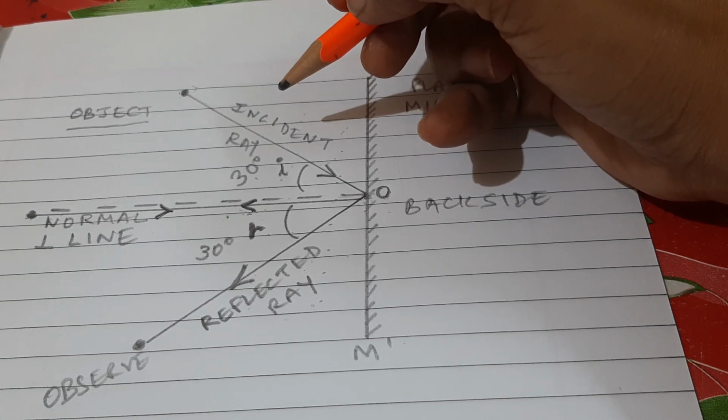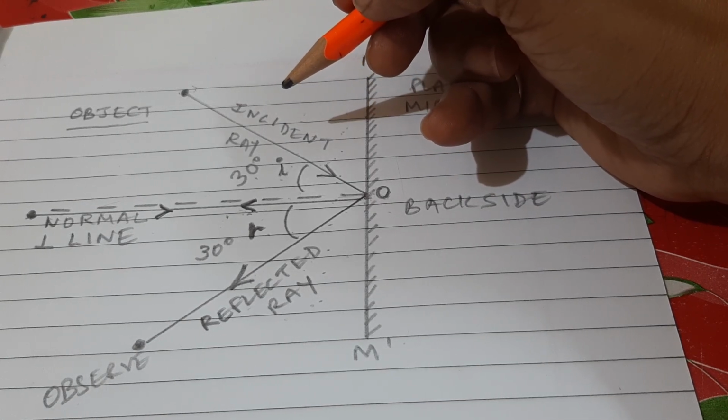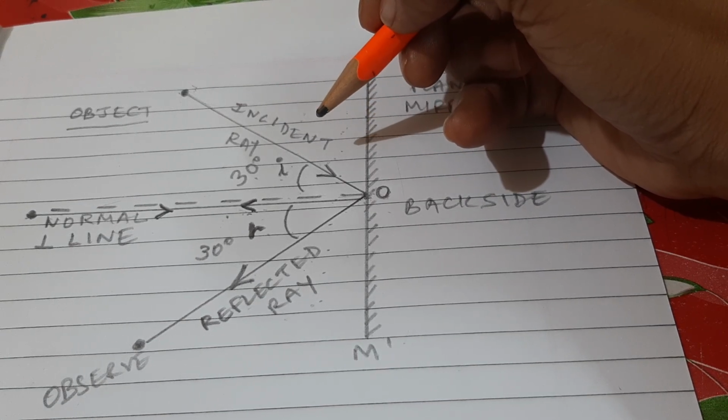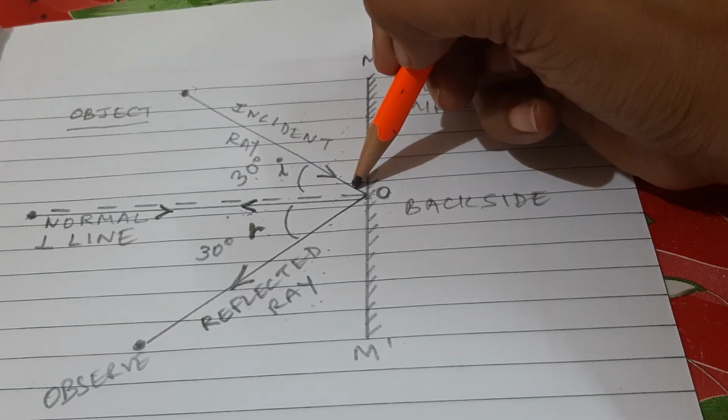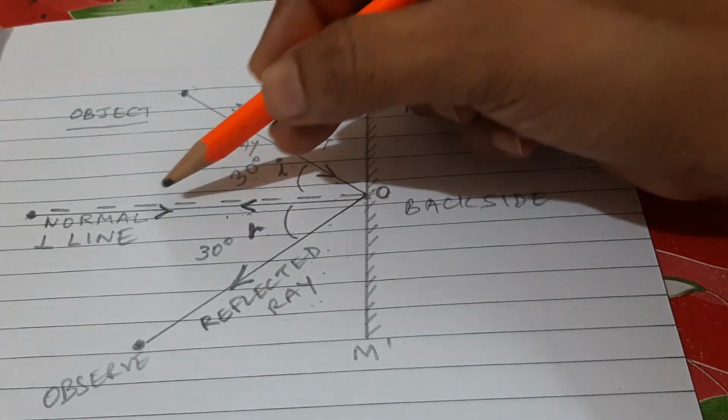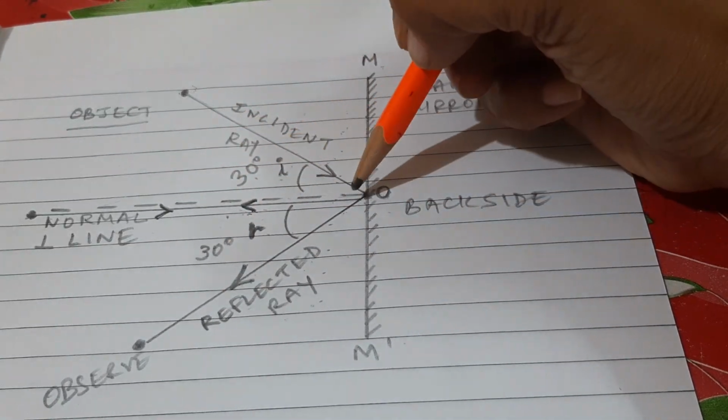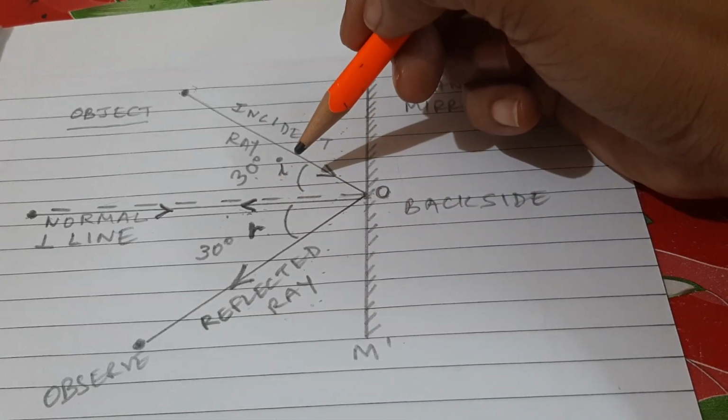So there are two laws related to the reflection of light from plane surfaces. The first law of reflection says that the incident ray, the reflected ray and the normal, they all lie in same plane.